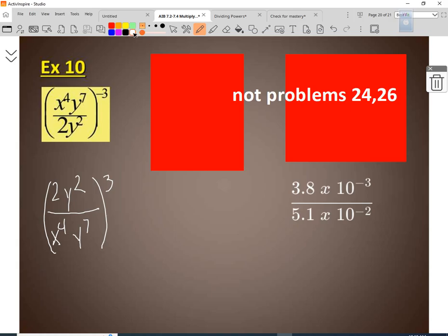Alright, so now we're going to distribute, or rewrite as 2 to the 1st times 2 to the 3rd power, y to the 6th power. I want you to shortcut. Let's do 2y squared to the 3rd over x to the 4th, y to the 7th to the 3rd.